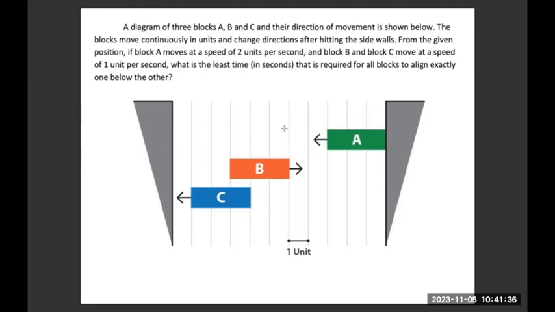Try sketching every second position of how after 1 second A, B, and C's position will be, how after 2 seconds A, B, C position will be, how after 3 seconds.